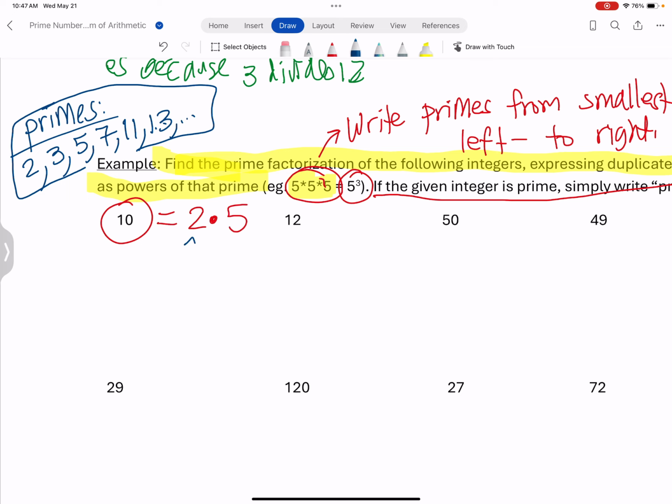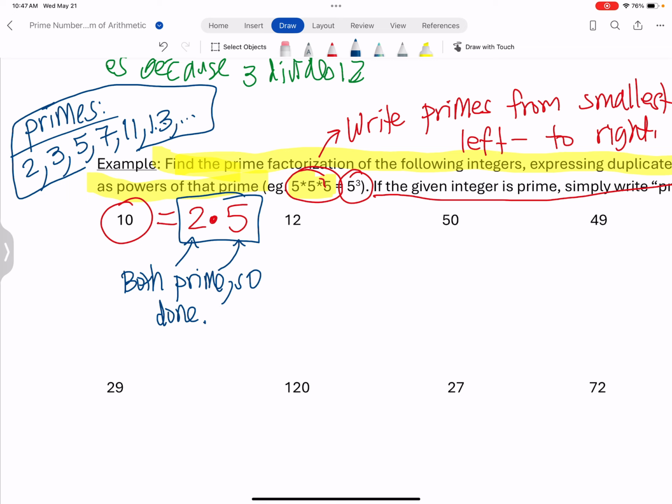If they're both prime, I can stop and I'm done. But if one of those or both are not prime, I have to do more work and break those down more. Are both prime? So we're done. But if one of those was not, like an example we'll see soon, then I would keep going. So there you go. 2 times 5 is the prime factorization of 10. That's it.